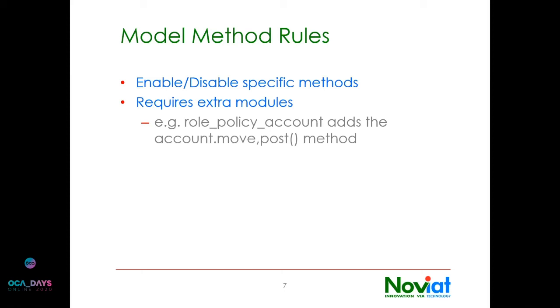But we still want people to be able to do this operation. So there, we need to make modules like role policy account, role policy sale, role policy purchase, and so on, in order to tackle those parts of Odoo standard modules where a group is hard-coded within the logic.